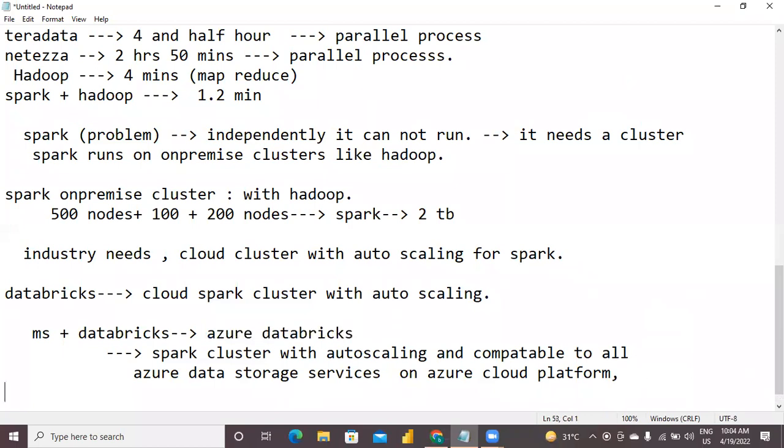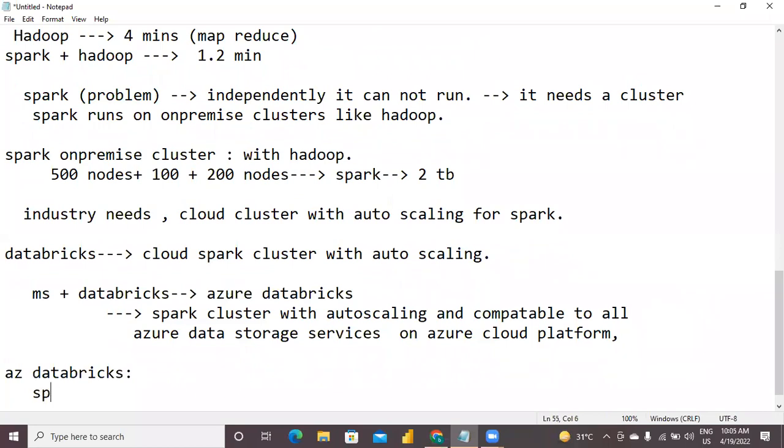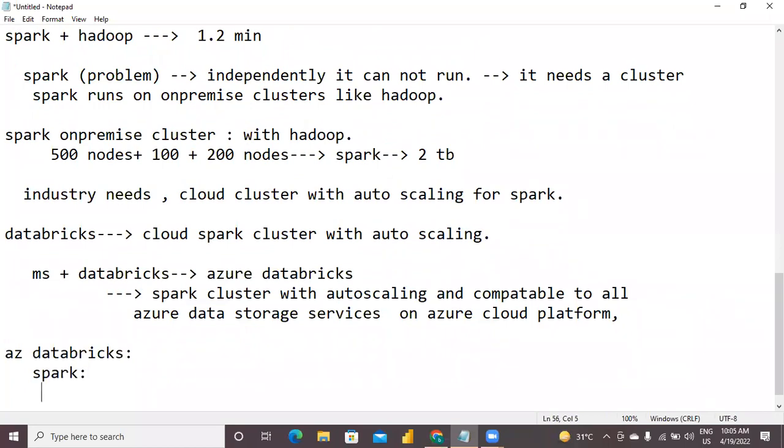Suppose it is Databricks, let's say Azure Databricks. Your Spark is the execution weapon. But you are a developer who gives instructions to process the data. In the form of coding, you need to give those instructions to perform your complex transformations. Spark code can be written in the following languages.